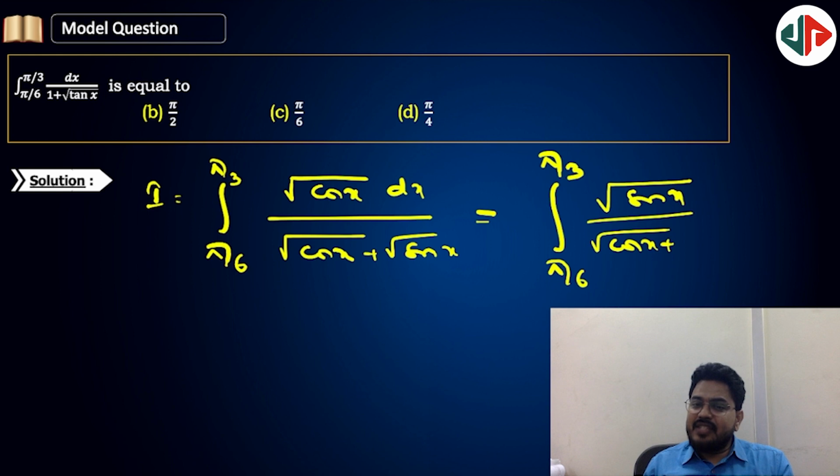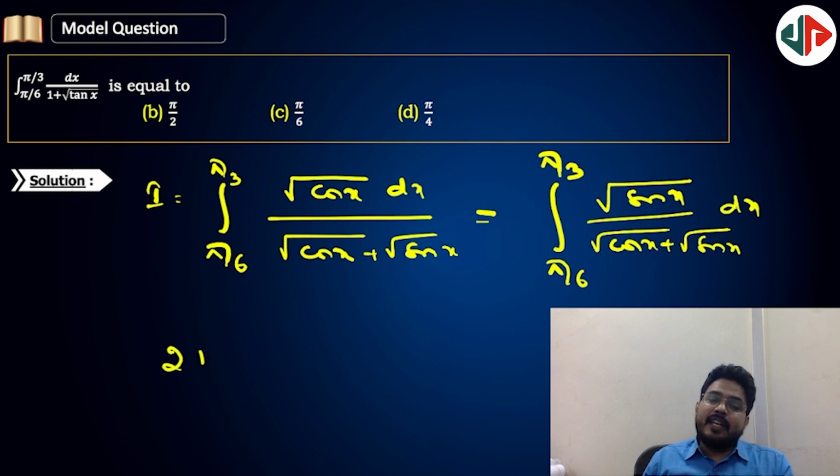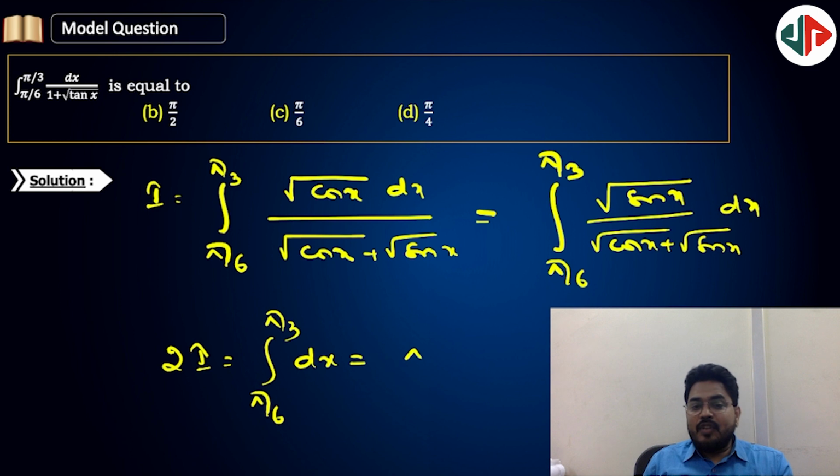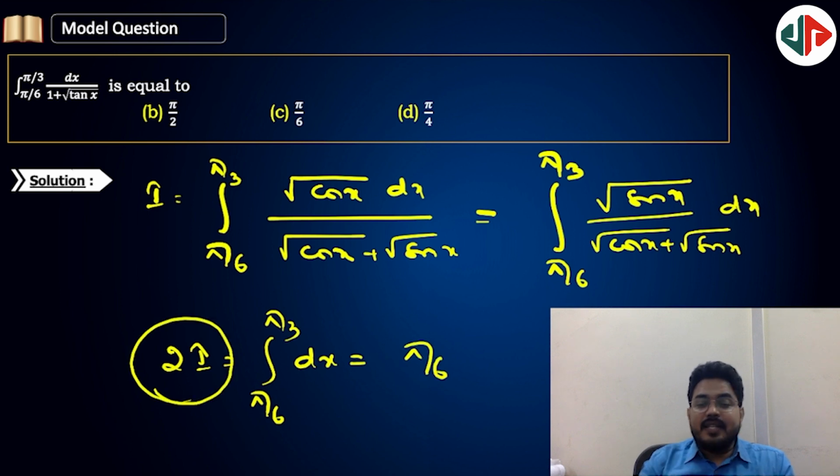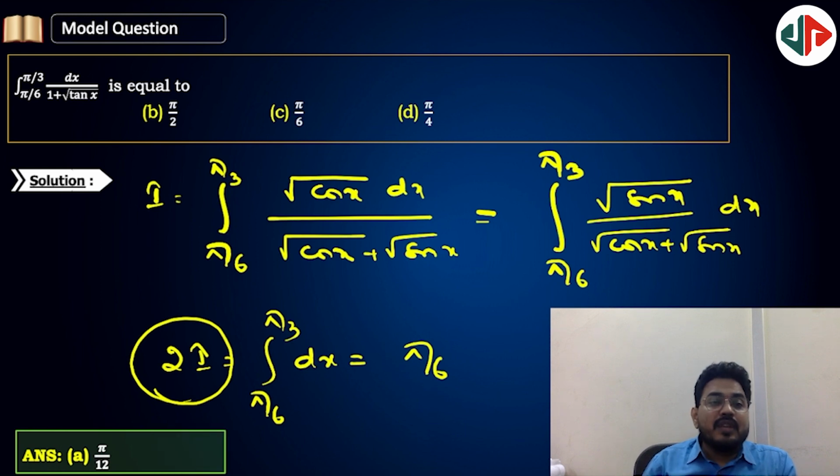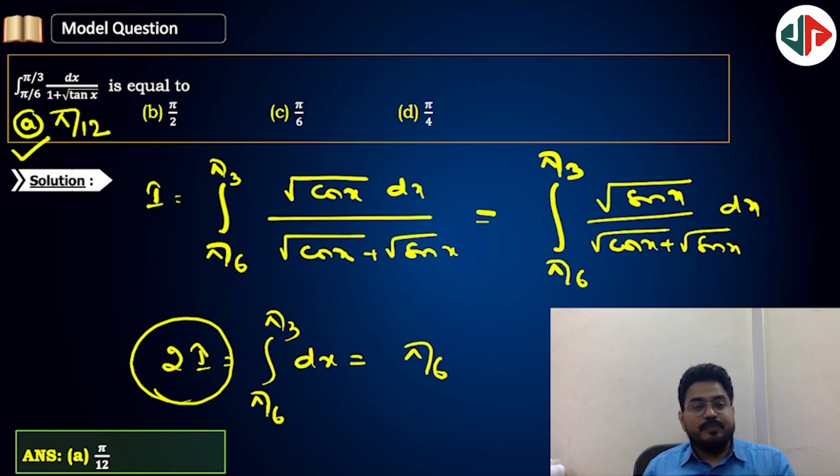This is cos x, sin x. Denominator will not change. So you will be getting 2I is equal to integral pi by 6 to pi by 3 dx, which is equal to pi by 6. So I is equal to, what is the answer? Pi by 12. Oh, somewhere here option A is missing. This answer pi by 12 is the right answer.